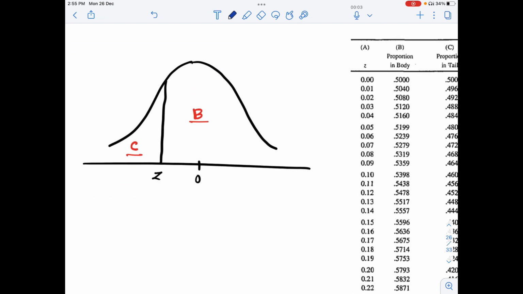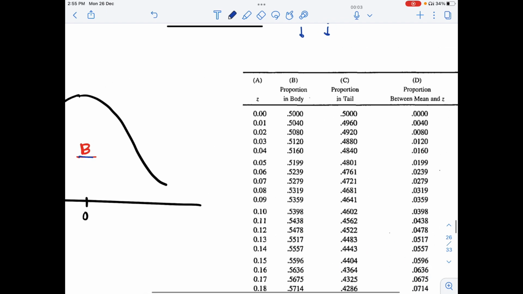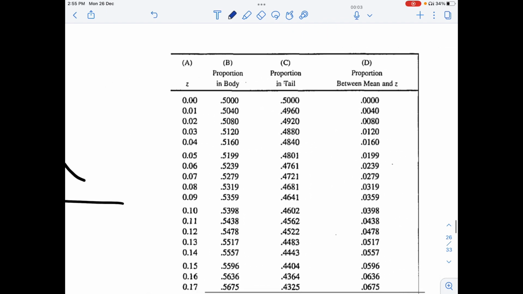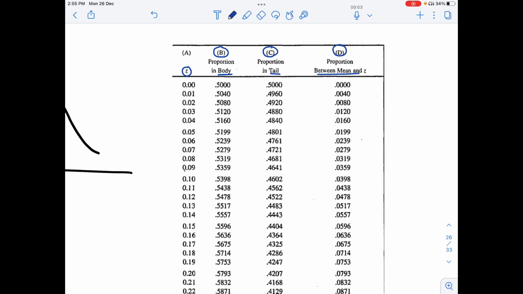We have three portions in the table, four portions actually. One is for Z, and the other three are for B, C and D, which we already discussed as body, tail, and the portion between mean and Z. So you have a particular Z value, let's say 0.09, and you can find all three portions for it.